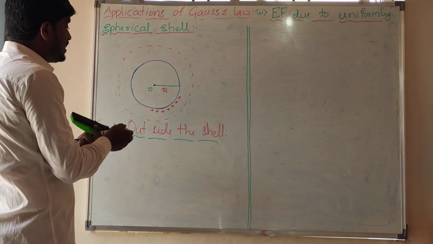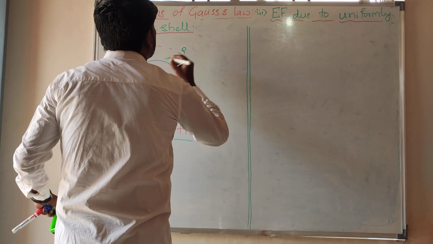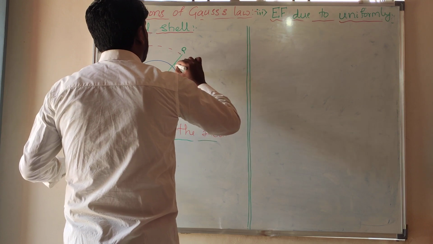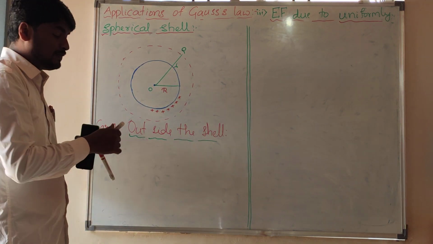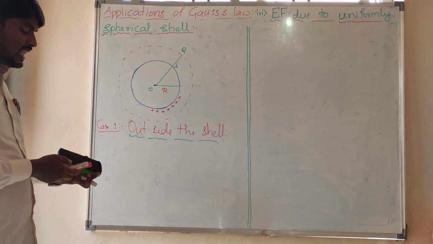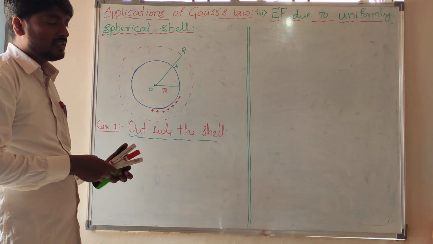I want to calculate the electric field at a point, say P here. Point P lies at a distance r from the center O of the spherical shell, so OP is equal to small r. Again, the same routine as we did in the previous section.